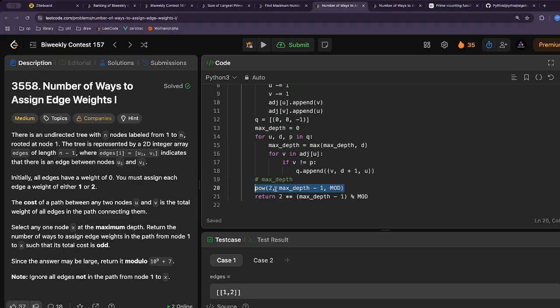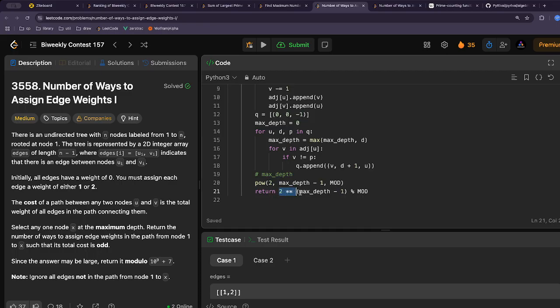Because this power of 2 could be a huge number, right? And so if you do it this way, it will calculate this huge number with a lot of digits, and then it will mod it, right?